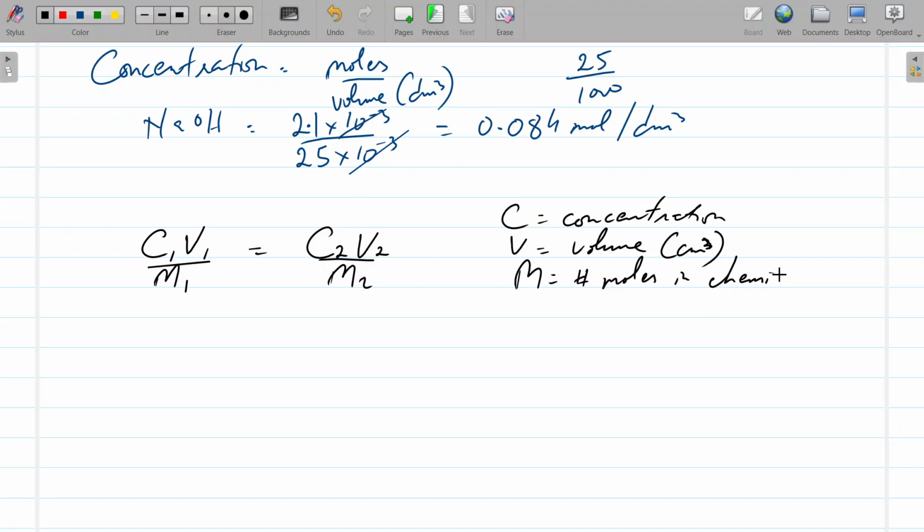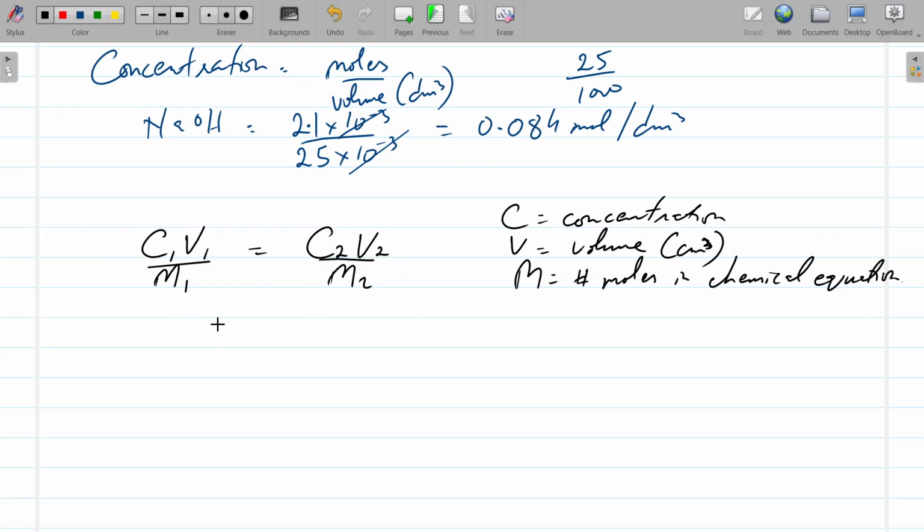So titration is the same as stoichiometry. Titration uses stoichiometry. It's not the same thing. And so one could be either the acid or the alkali, and so two would be the other thing.